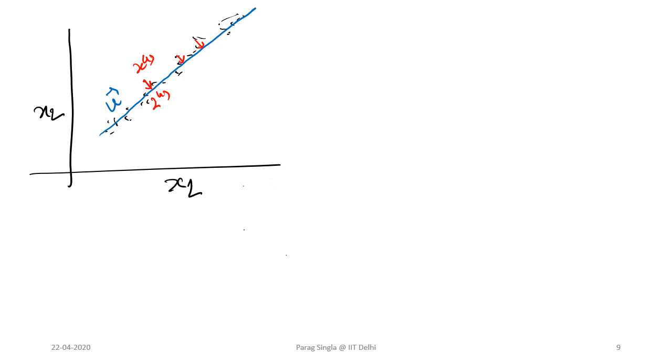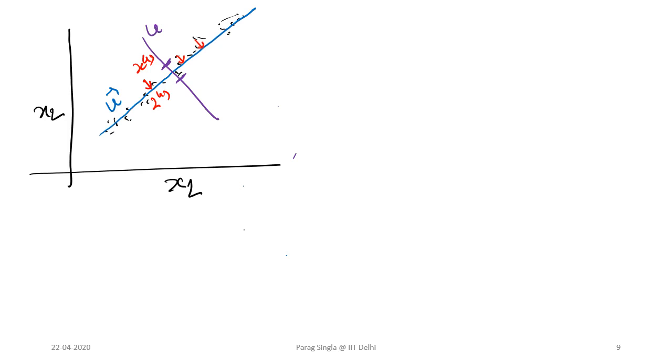And as you can see, this u is a good projection line. Because if you were to project this data onto a different line, say if your u prime was something like this, then all your data will essentially project between these two points.